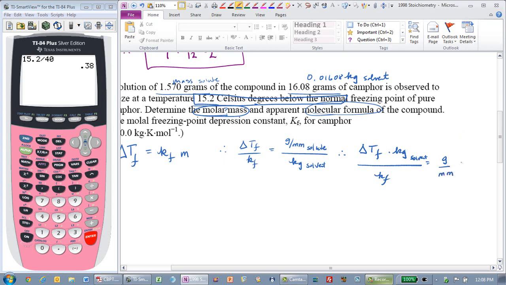So therefore, if I flip both sides, I will get molar mass over grams is equal to Kf over delta TF kilogram. Contemplate that for a minute.